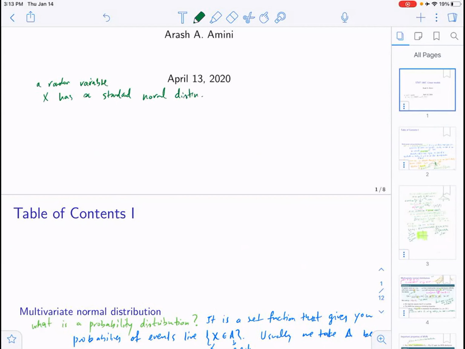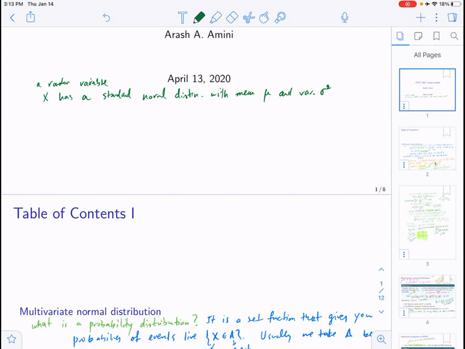What does that mean? That means X follows a normal distribution with mean mu and variance sigma squared. So this completes my sentence, but it doesn't tell me what a standard normal distribution is. Thank you for pointing out.